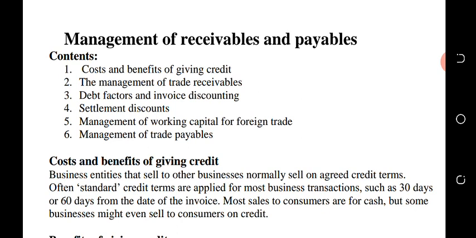Another thing we talk about is debt factoring and invoice discounting. What is debt factoring? It's a subtopic we should be able to understand. Then the fourth is settlement discounts. This is just like a prompt payment discount.